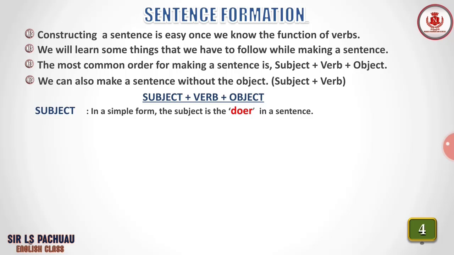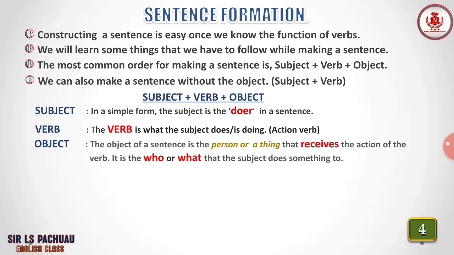The one who does the action verb is the subject of a sentence, and the verb is what the subject does or what the subject is doing. This is what we call the action verb. We know action verbs, right? Like physical action, mental action, like that.